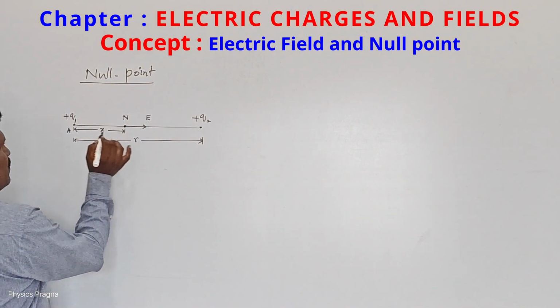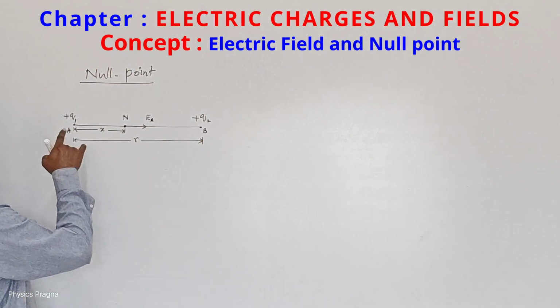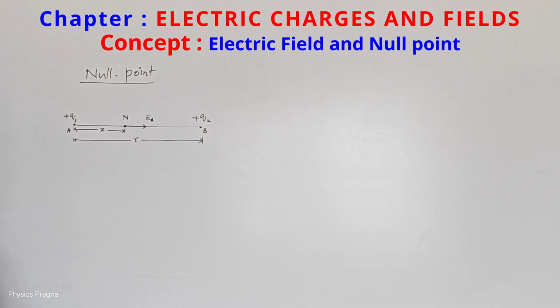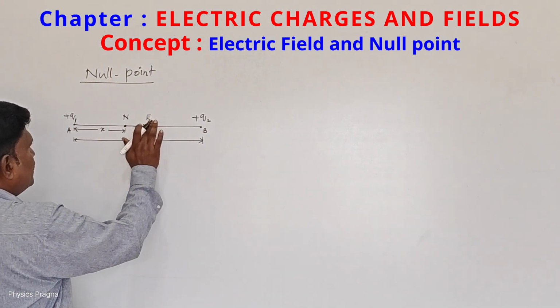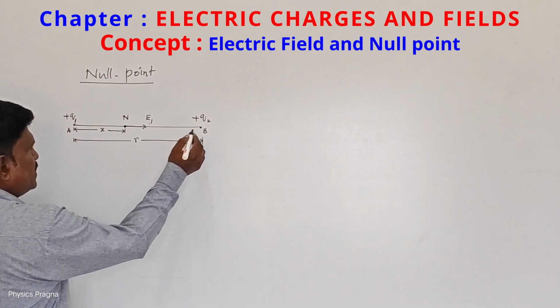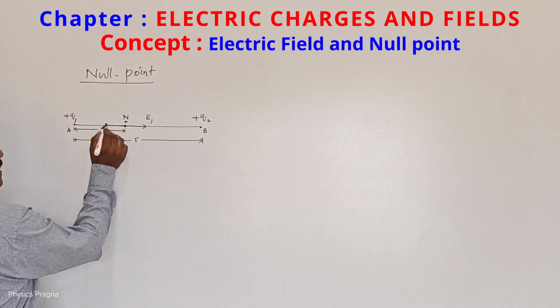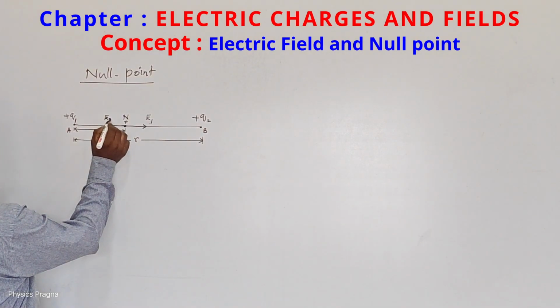I may give some names to the positions A and B. This is the electric field due to the charge Q1, let us write this as E1. And this Q2 charge is repelling this positive charge here in this direction. This is E2.